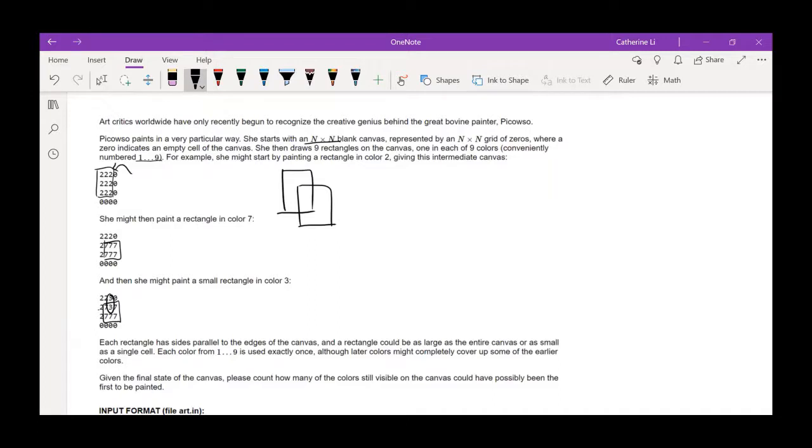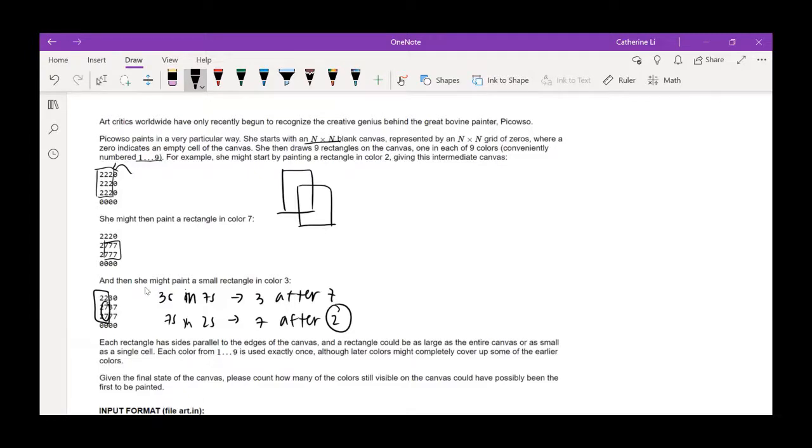Another way to say covers is like the 3s are inside the 7s rectangle. So yeah, we see that the 3s are in the 7s, which means 3 is after 7. And the 7s here are in the 2s, which means that 7 is after 2. So the only thing that could have been first is 2.